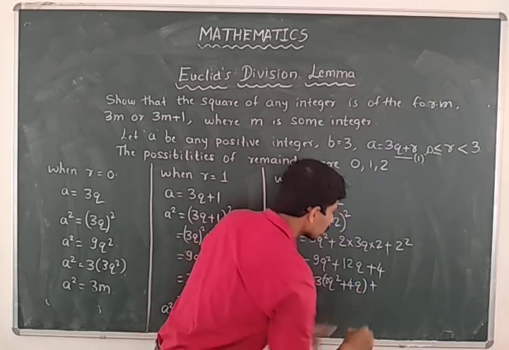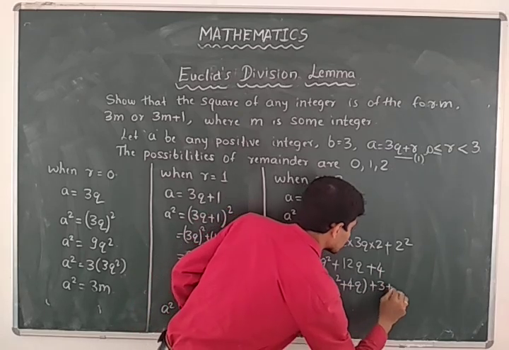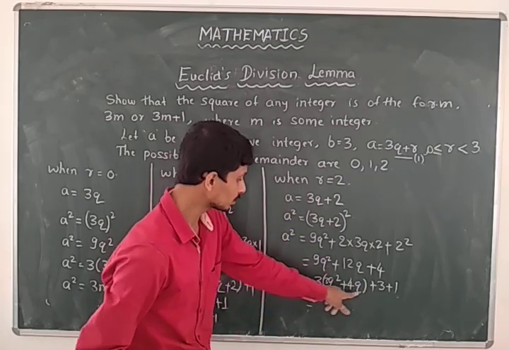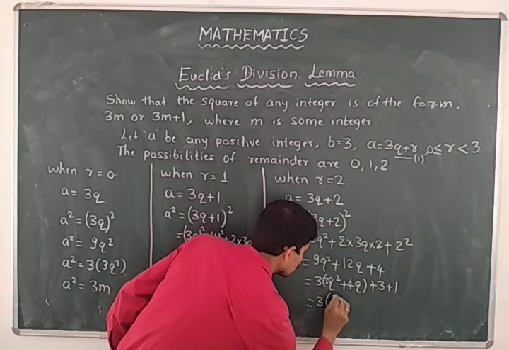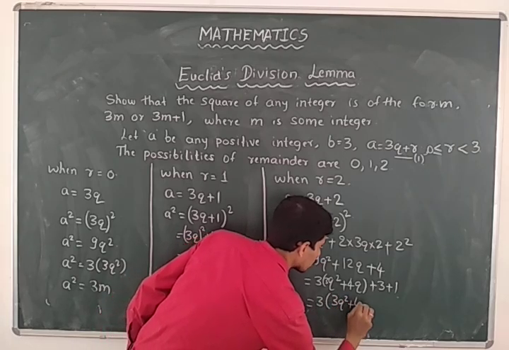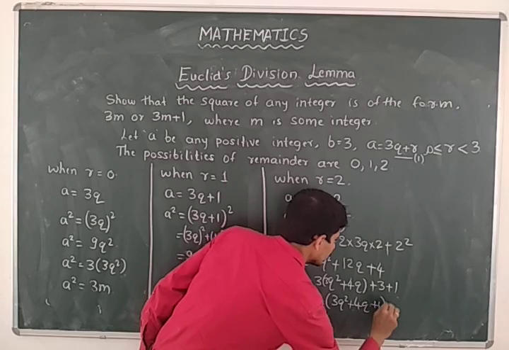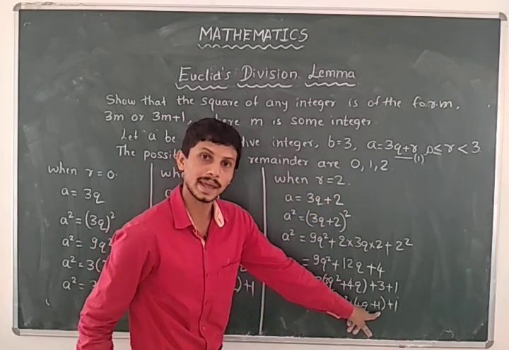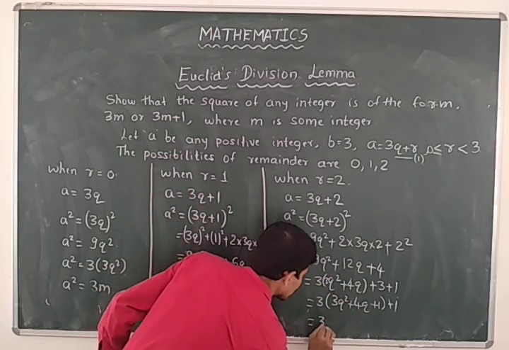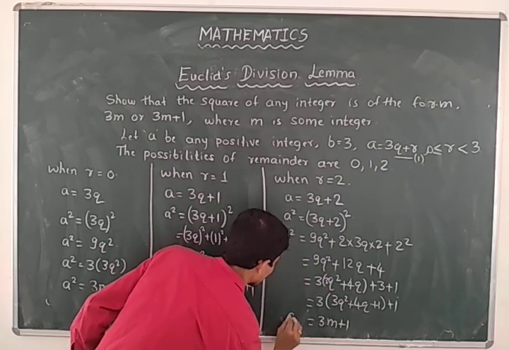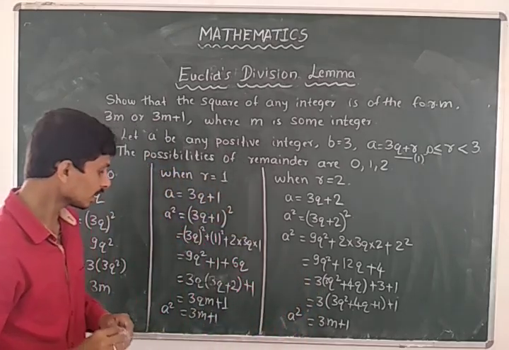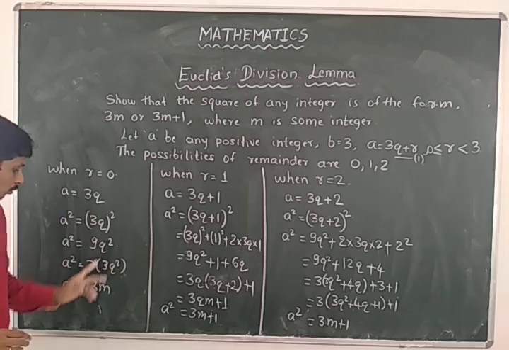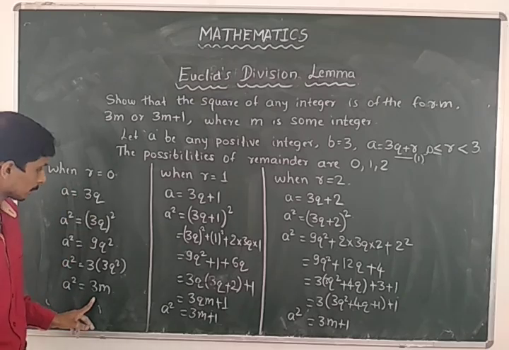3 into 3q square plus 4q, plus 4, which can be written as 3 plus 1. So also we can take the 3 from these two terms. So 3 into 3q square plus 4q plus 1, plus 1. When we take 3q square plus 4q plus 1 as m, it is equal to 3m plus 1. So here we can understand that when we take r is equal to 0, we got 3m as the answer.